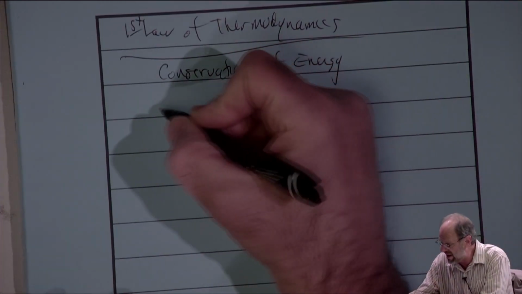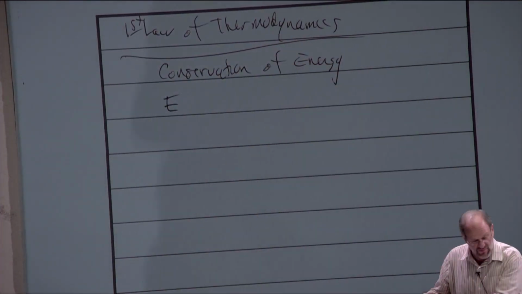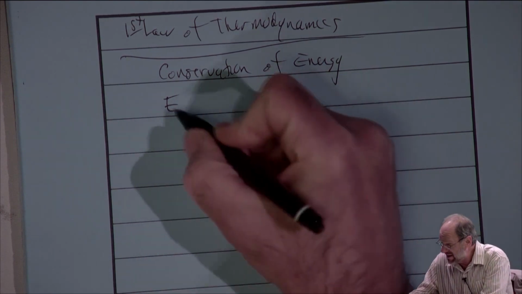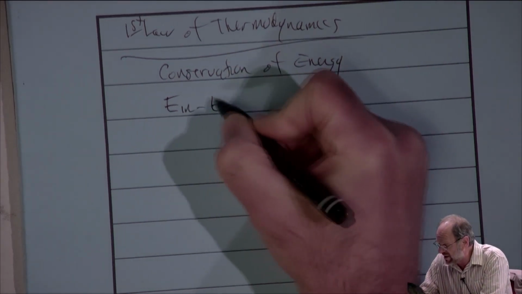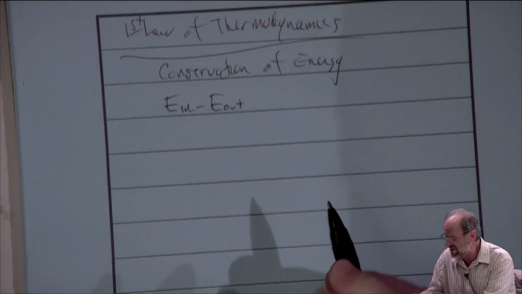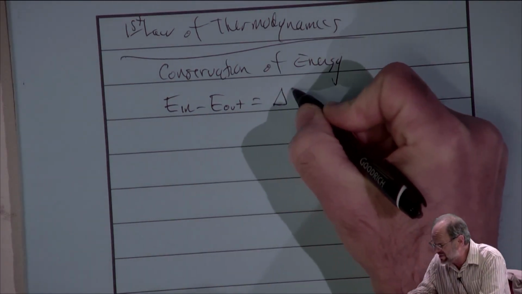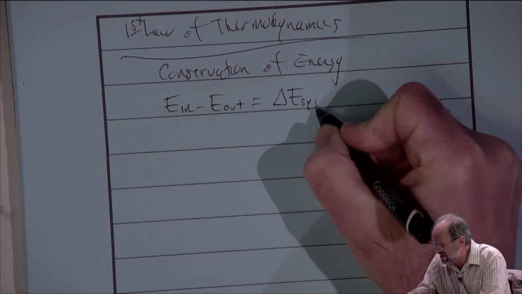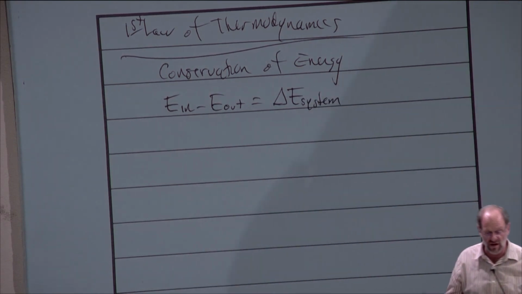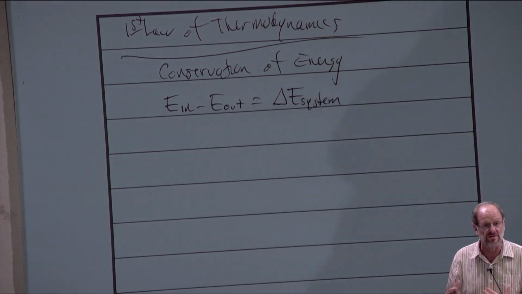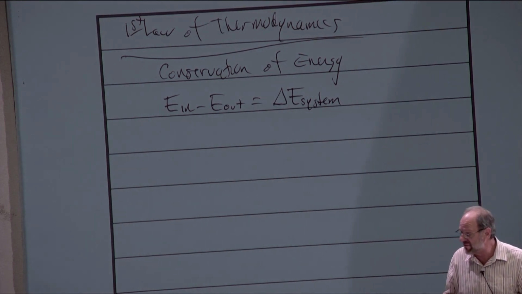Now, with this in mind, the basic statement of the first law is that the difference between the energy that we put into the system and the energy we take out of the system is equal to the change in energy of the system itself. That's just a basic statement of the first law of thermodynamics.